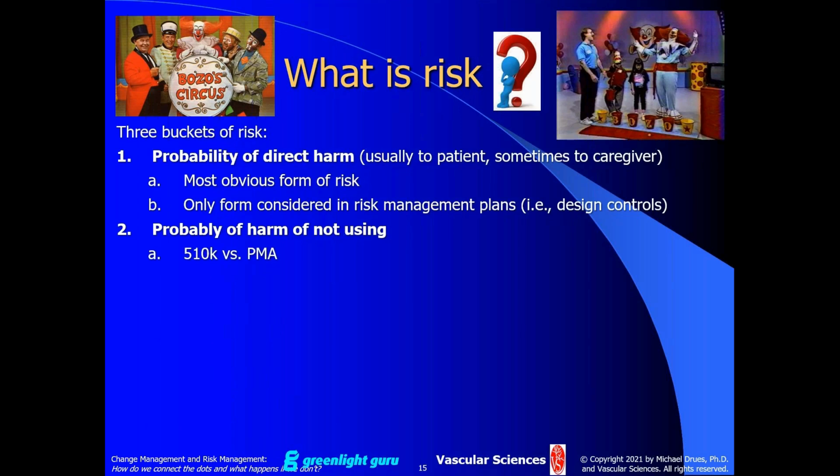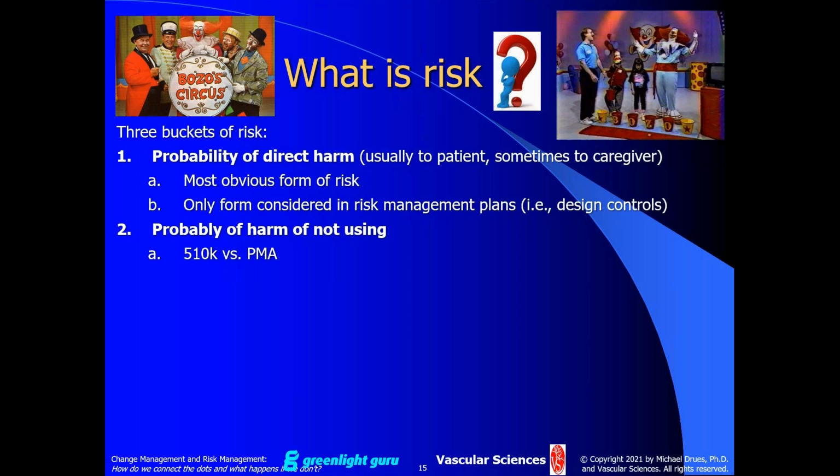This is one of the important differences between the 510K and de novo universe versus the PMA universe. In the PMA universe, it is required to consider the risks of what I call the probability of harm of not using, or what FDA calls alternative practices and procedures. Again, it doesn't make any difference. We're using different words, but we mean the same thing.